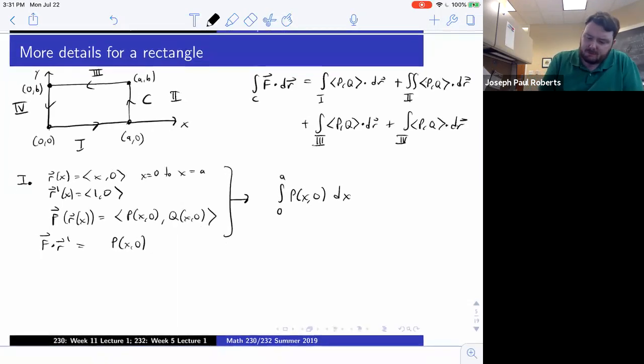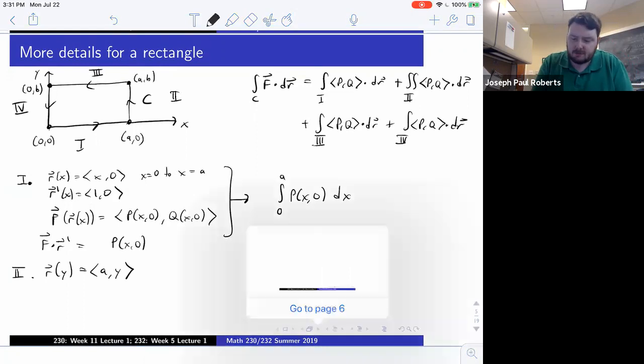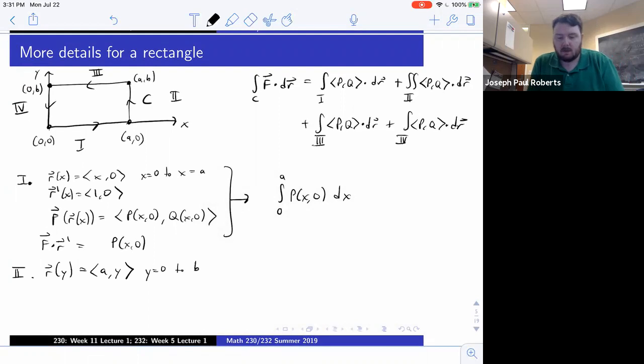And then I could do something for the next piece. For piece 2, I'm going to parameterize in terms of y. On piece 2, x is equal to a the entire time, but y is going to start at 0 and go to b. So r prime of y is now 0, 1.